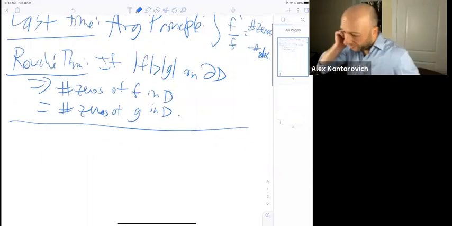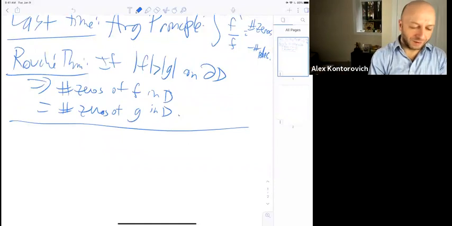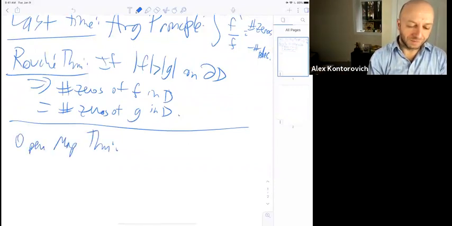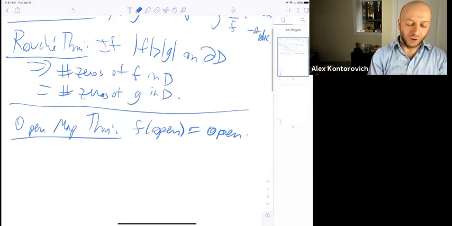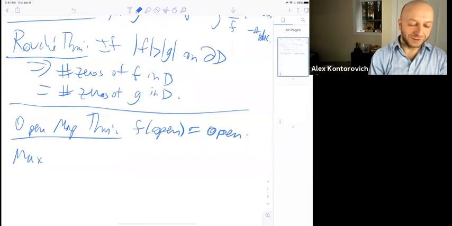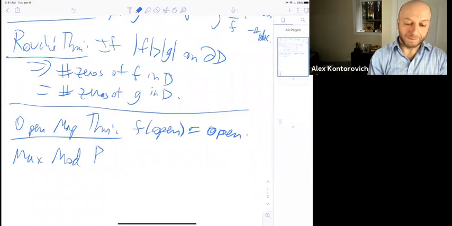That was Rouché. We also did the open mapping theorem. If you have a holomorphic function, the image of an open set, unlike real valued functions, is open, and the maximum modulus principle.